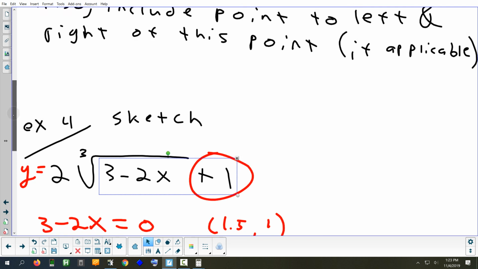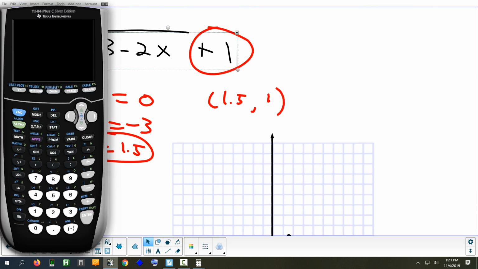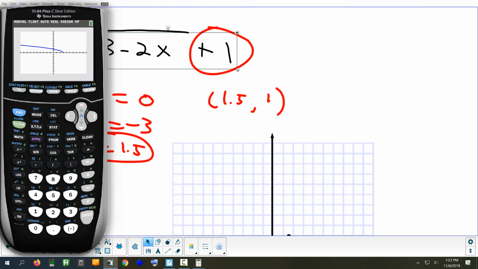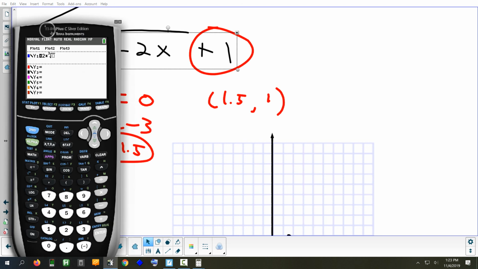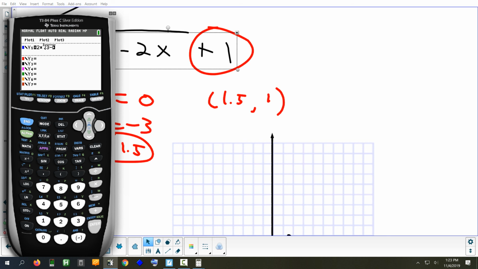If you do, you can just use the table: cube root of 3 minus 2x, plus 1. You can check the point you already have, 1.5 comma 1, to make sure you did that one right. Yep, we're good.